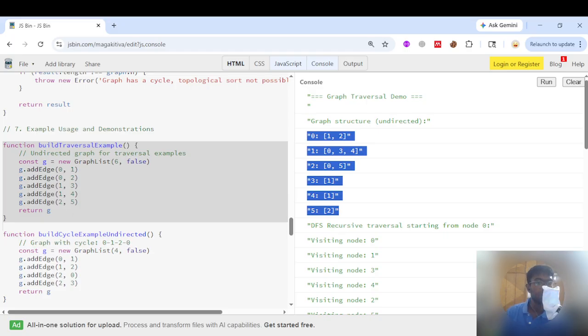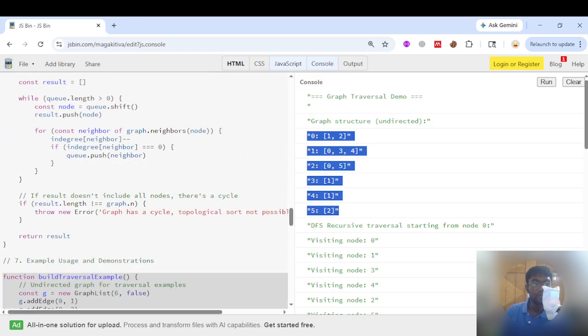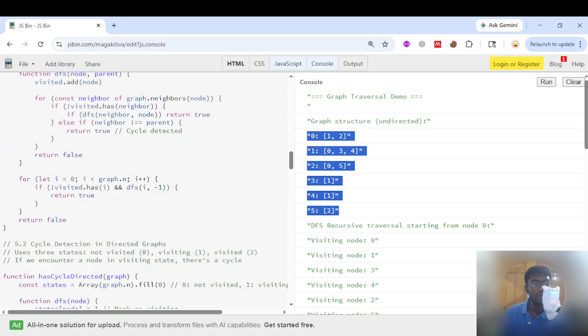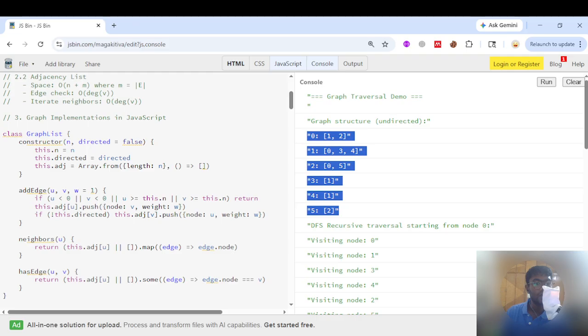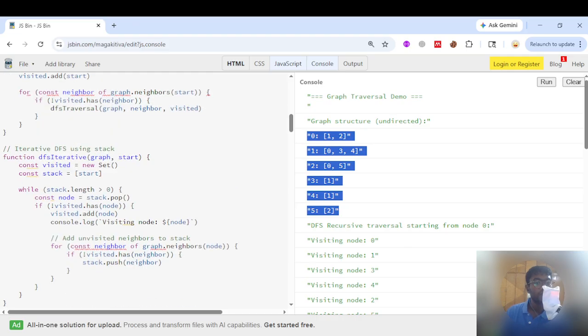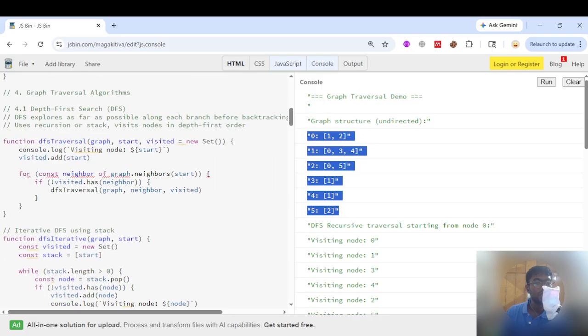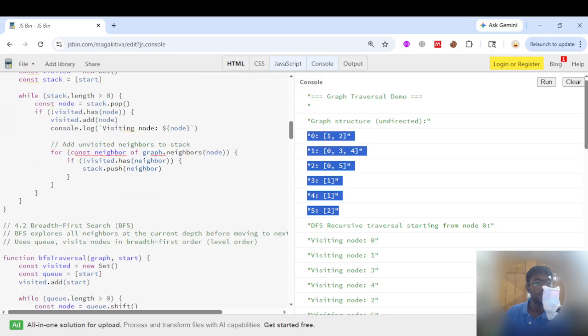DFS uses a stack type implementation, which is a first in, last out data structure. So let's go to the two functions that we have for DFS, one recursive and one with an iterative approach. Let's look at the iterative approach first.